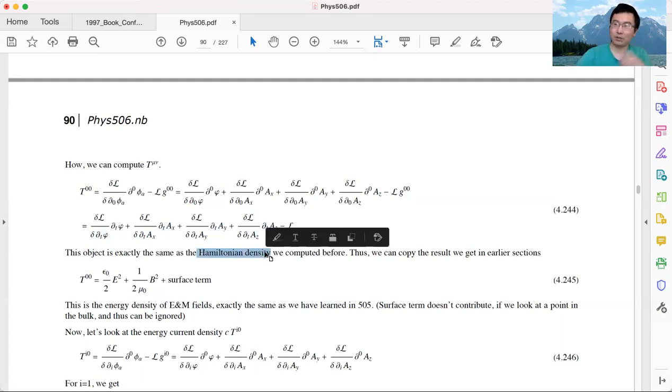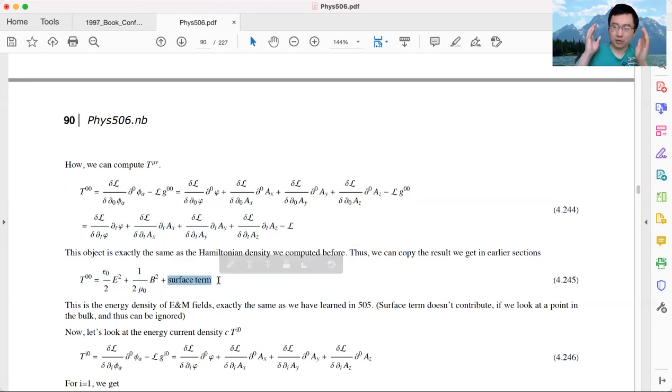There we already showed that for the Hamiltonian density, this formula gives you E squared plus B squared plus some unimportant surface term. Those surface terms are not important because they don't involve anything in the bulk. If we have a really large system and look at the bulk part, the surface term doesn't really matter, so it is thrown away.